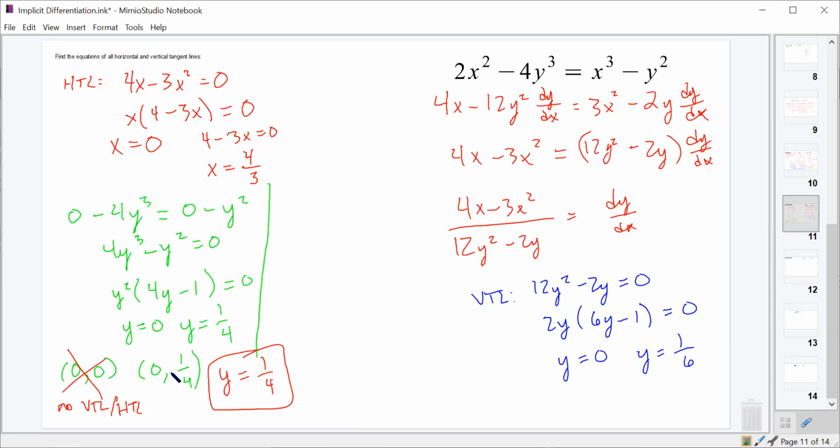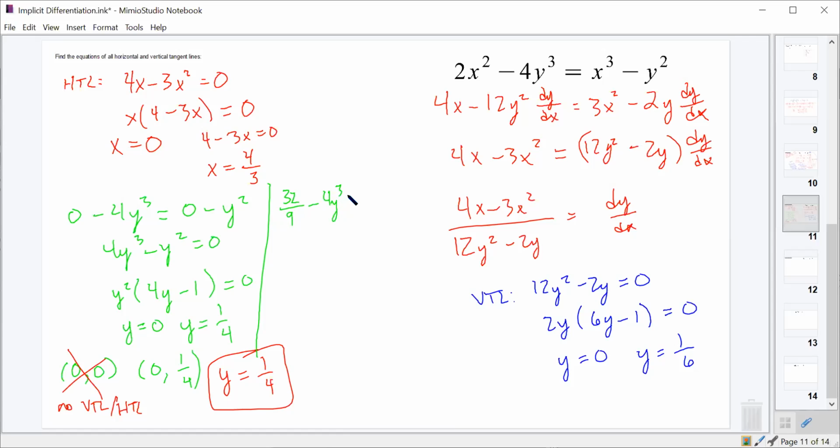Okay. So now when we plug in our 4/3 up here for x, 4/3 squared ought to be 16/9, right? Times 2 is 32/9. Minus 4y cubed.